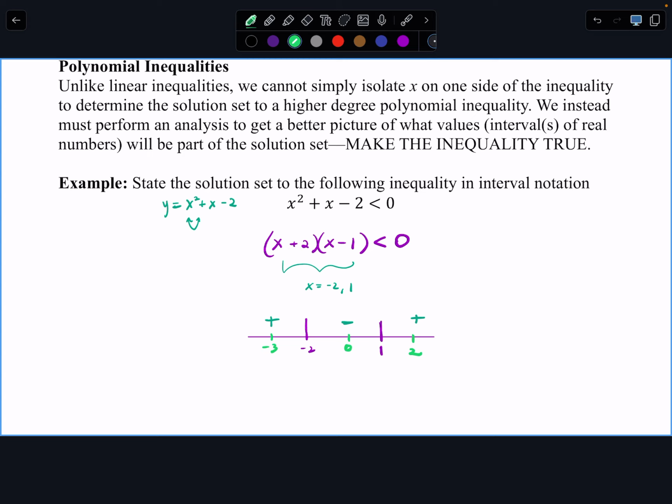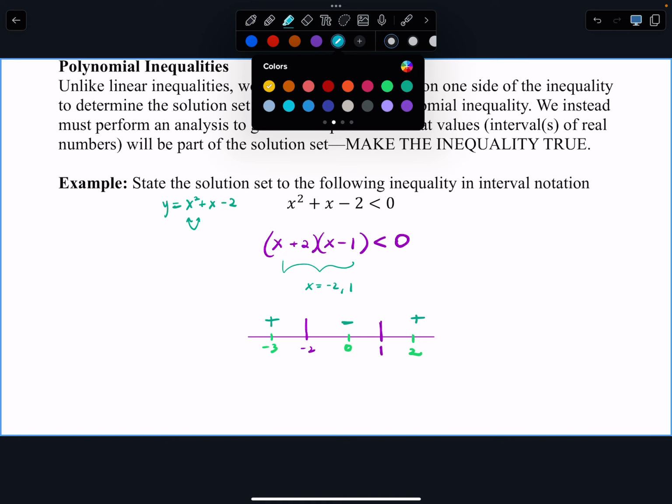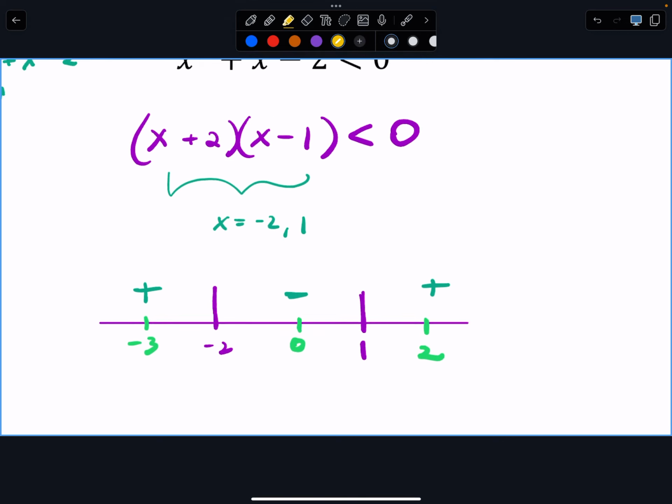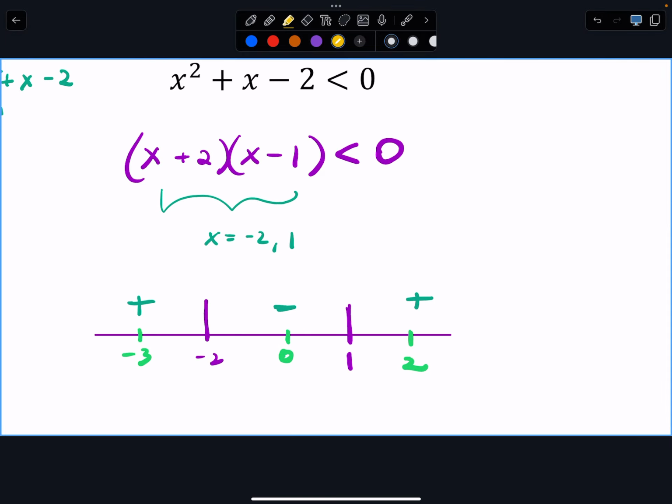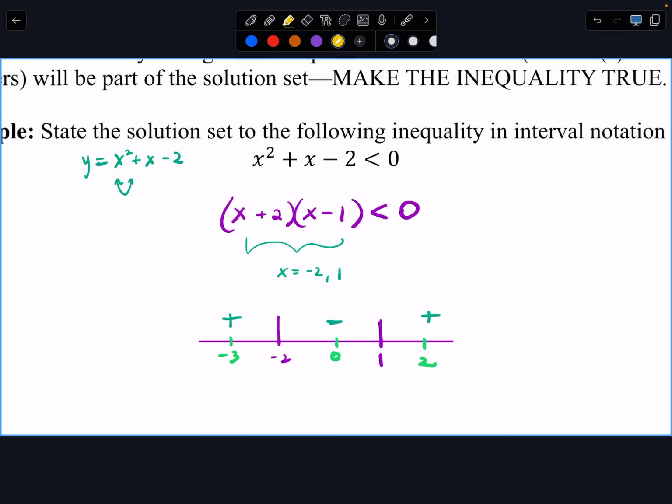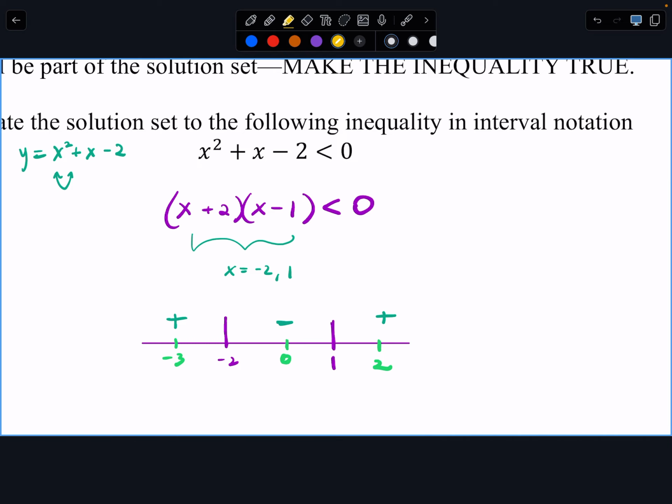We want the values of x that would make this quadratic less than 0, so it would make this quadratic negative. Zoe, do you want to say this one? Which interval on this analysis line would make the quadratic negative?